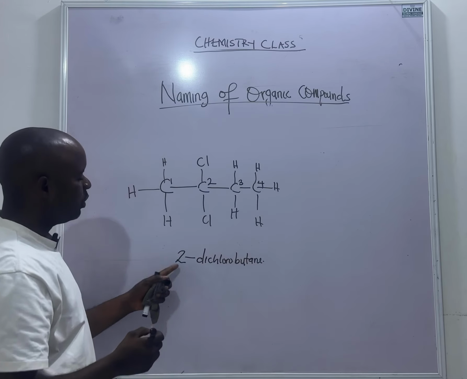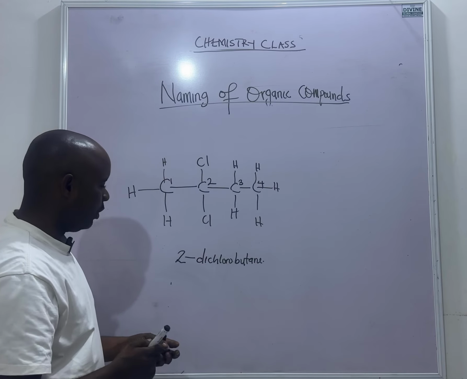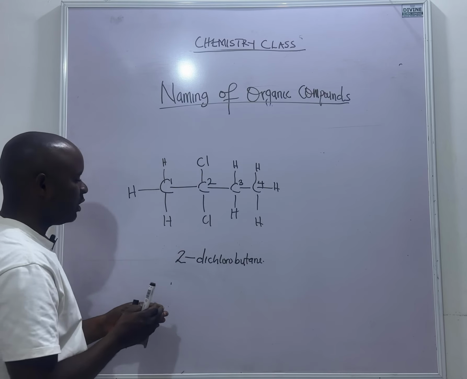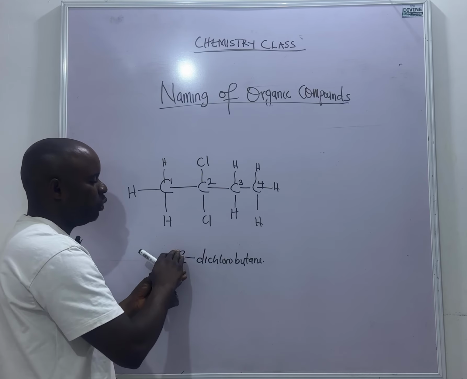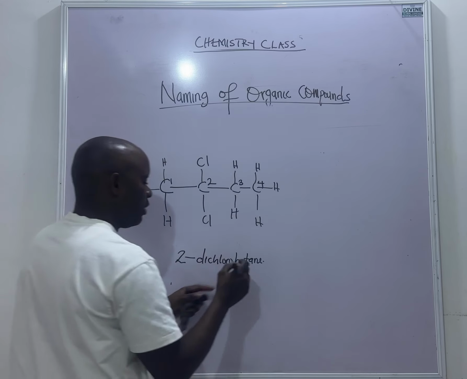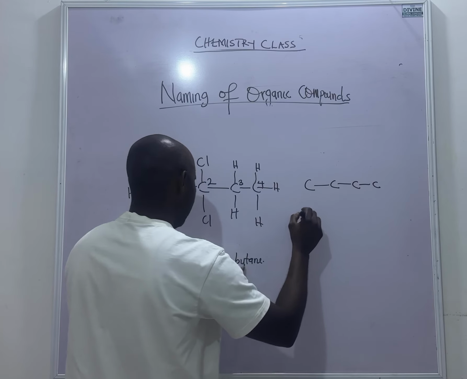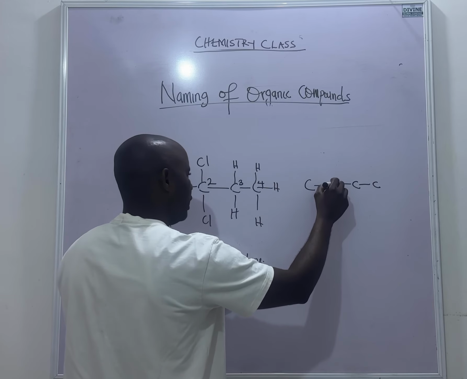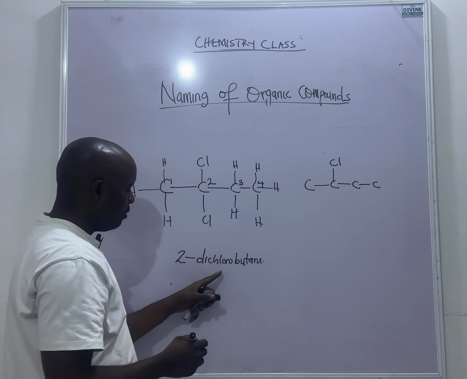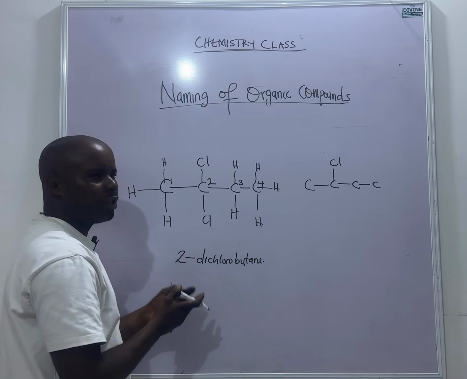If you check, this naming is a bit confusing, because at carbon 2 we said 2-dichloro. If I'm trying to use this IUPAC name to write the structural formula, it is not actually telling the position of these two chloro groups we are talking about.